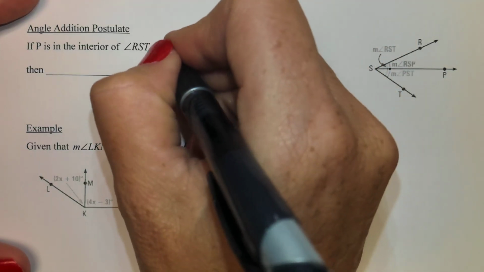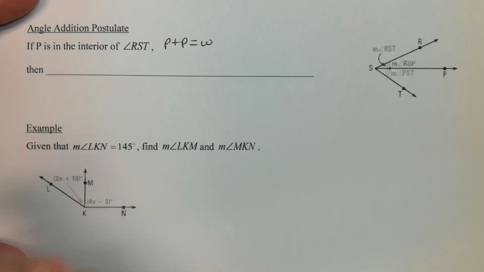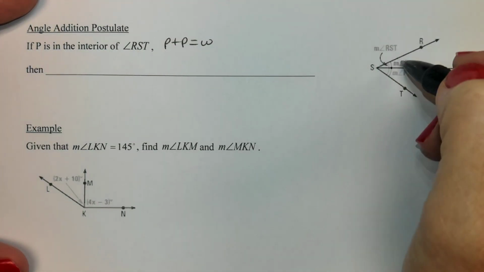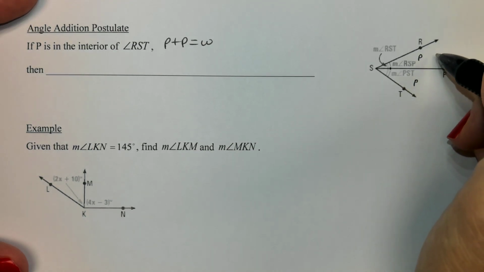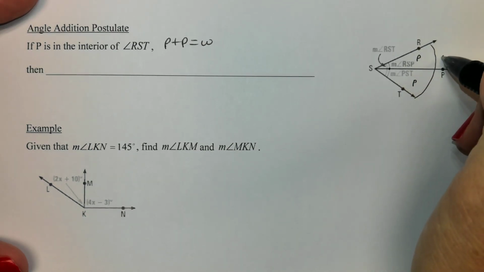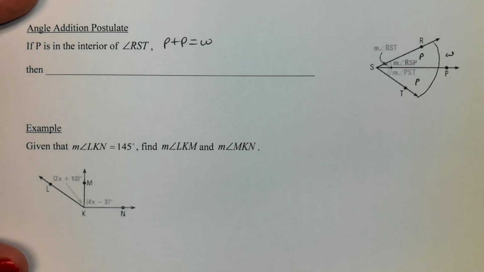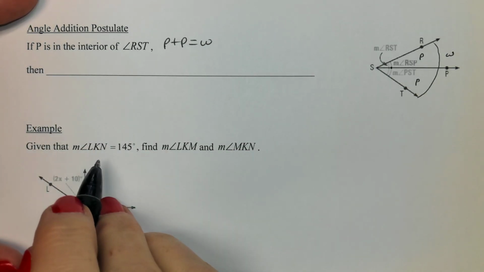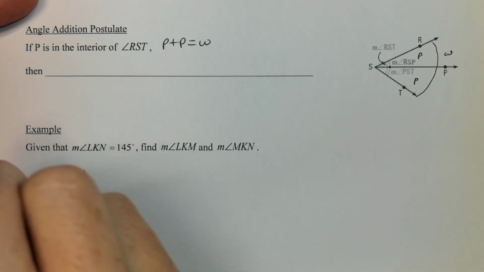Angle addition postulate works a lot like our segment addition postulate. This is what we were talking about with our part plus part equals whole thing. Works for angles too. If you've got two parts of an angle, like this part and this part, they would add up to equal the whole angle. So same concept here. We're going to use a lot of letters because we're talking about angles, but we're just going to talk about how to add up those two parts.